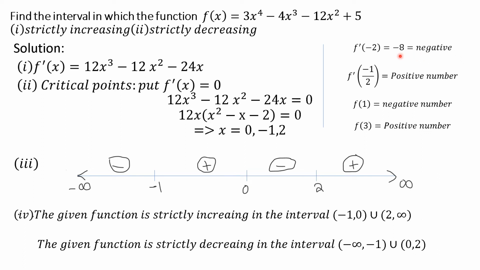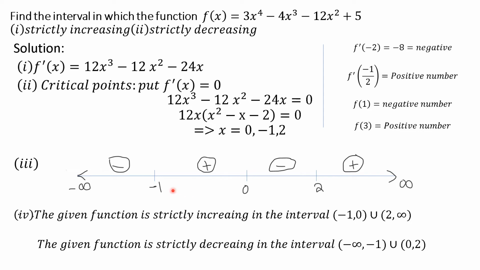Here we don't want the number, but the sign of that number. So f dash of minus 2 is negative. Taking minus 3, minus 4, minus 5 and so on up to minus infinity, you will get only negative numbers.